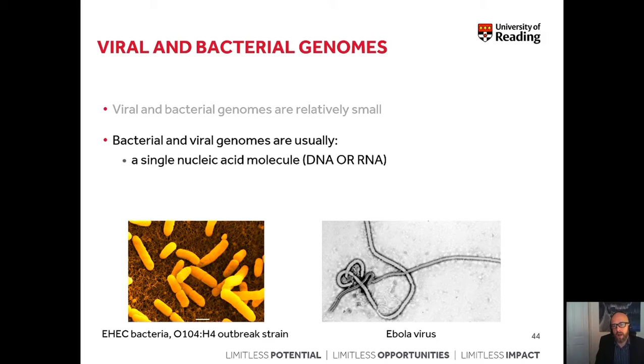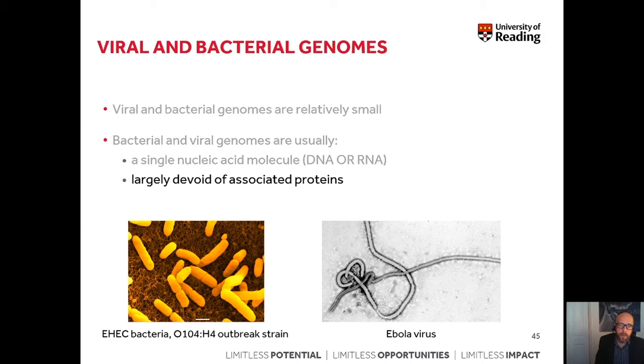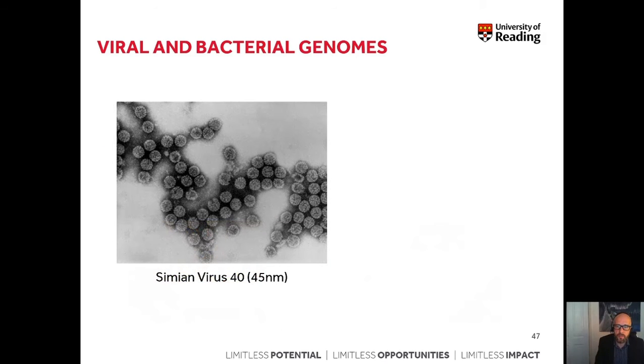And in viruses and bacteria, those nucleic acids are largely devoid of proteins. So in those organisms, we usually have a single nucleic acid molecule, either DNA or sometimes RNA in viruses. And as I mentioned before, they are largely devoid of associated proteins. And again, they are much, much smaller than eukaryotic genomes.